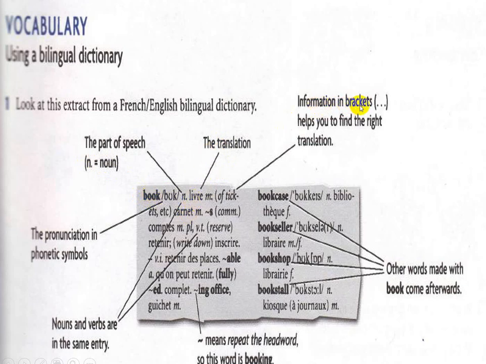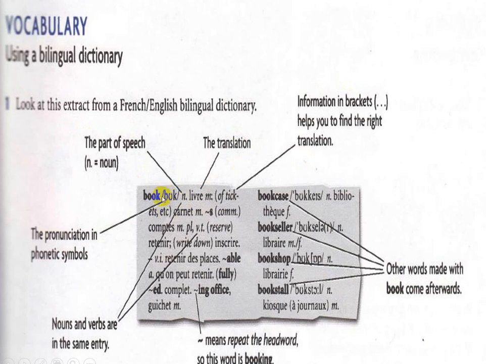We have the information in brackets, for example, this of tickets, etc. Information in brackets helps you to find the right translation. شنو فائدة المعلومات اللي بين قوسين؟ تساعدكم حتى تجدون الترجمة الصحيحة. So when you see information between brackets in a bilingual dictionary, it helps you to find the right translation.